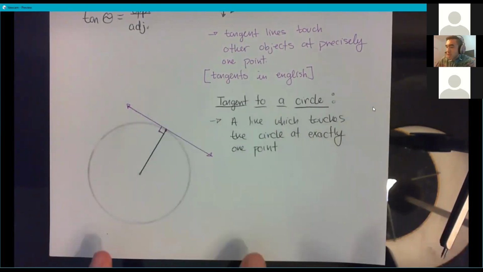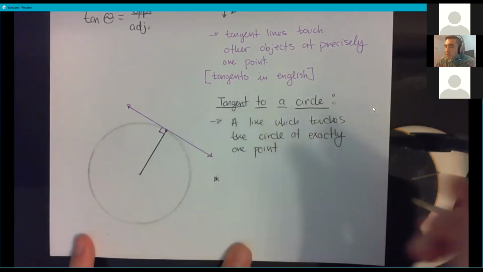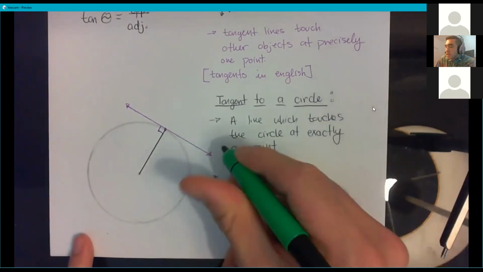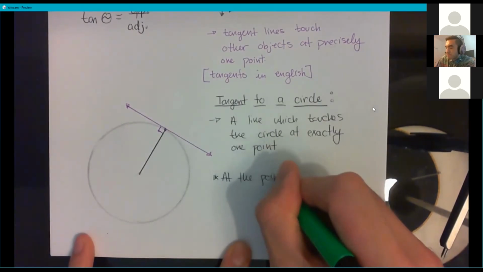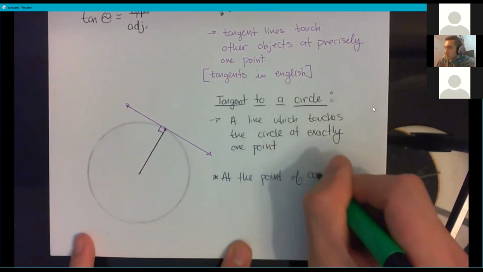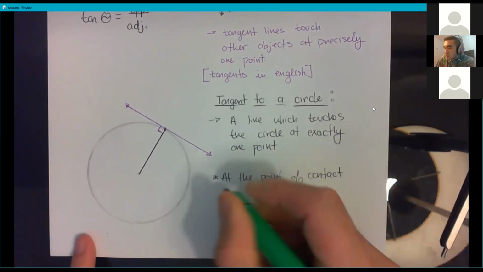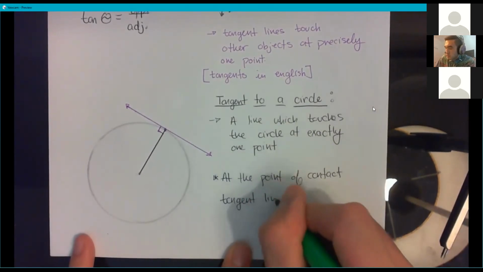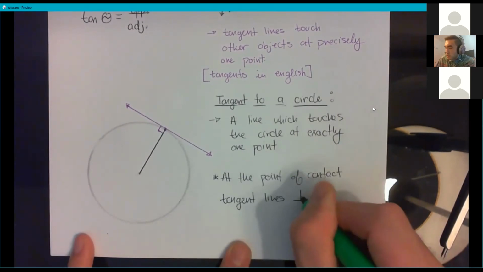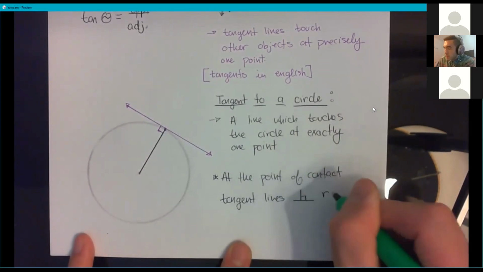So that is to say that the one interesting property that tangents have is that at the point of contact, tangent lines are perpendicular to any given radius.